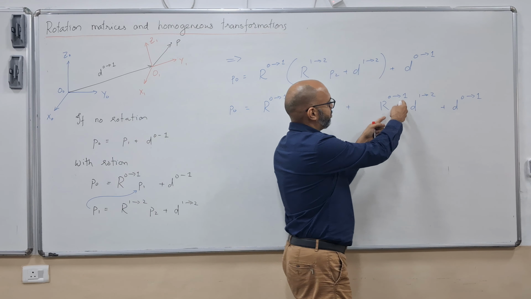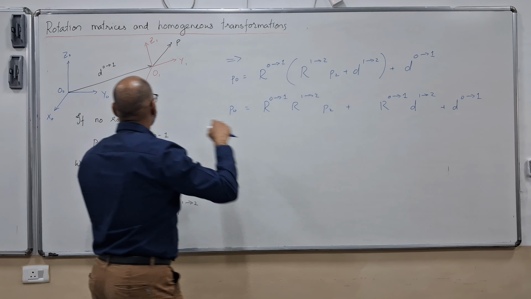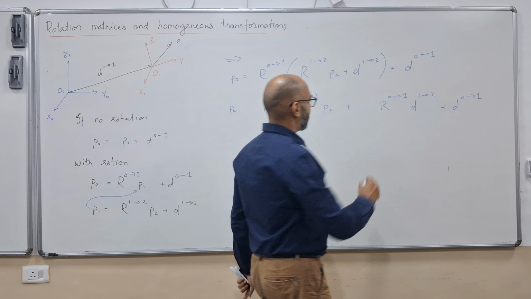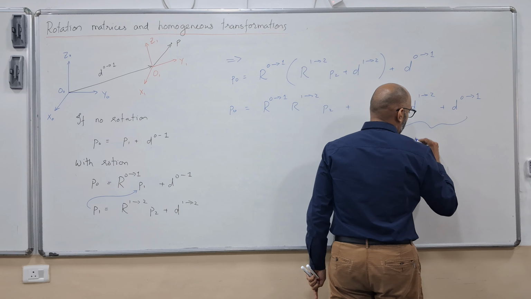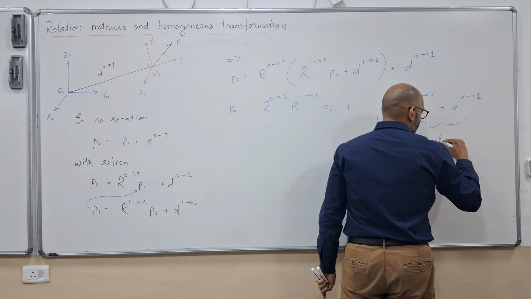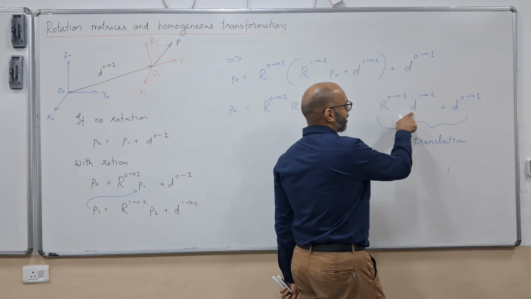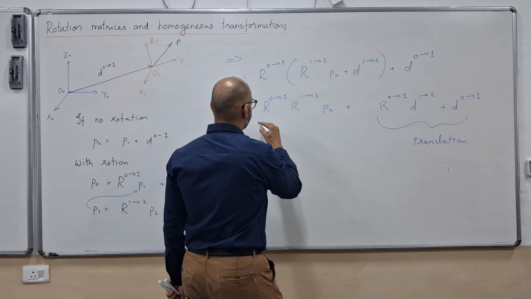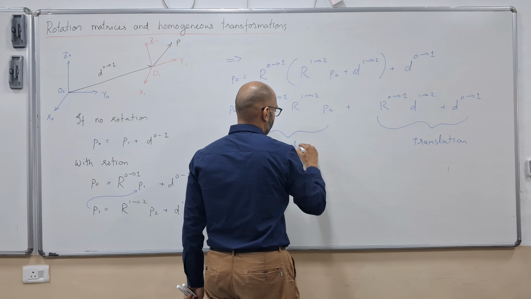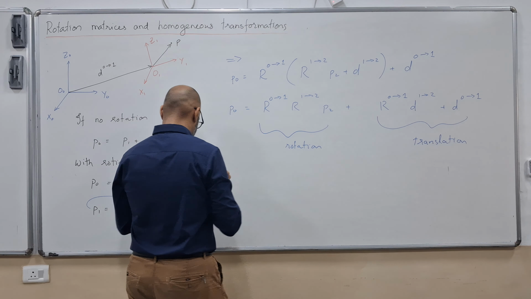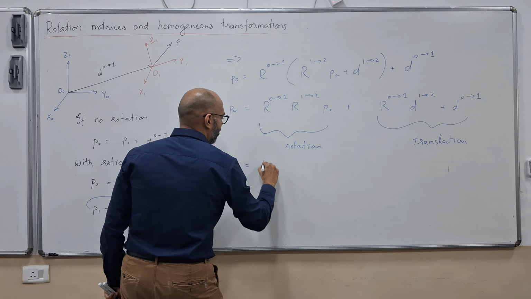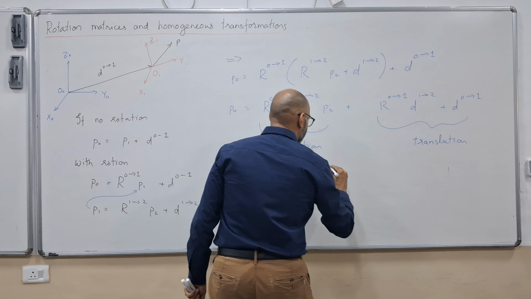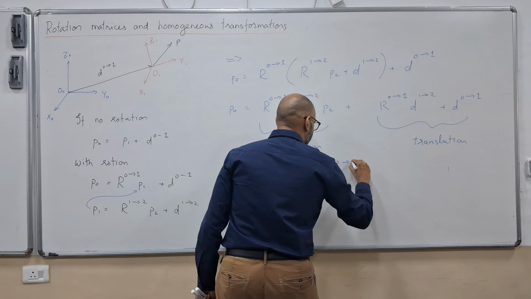Right, so now I have to use the rotation matrix to express the components of that translation vector in the zero frame, and that's what is happening here. So really this is still all translation, but this translation is just expressed again in terms of the zero frame, and this is all rotation. So what I would do is write this as P0 equals R0 to 2 P2 plus this whole thing is D0 to 2.